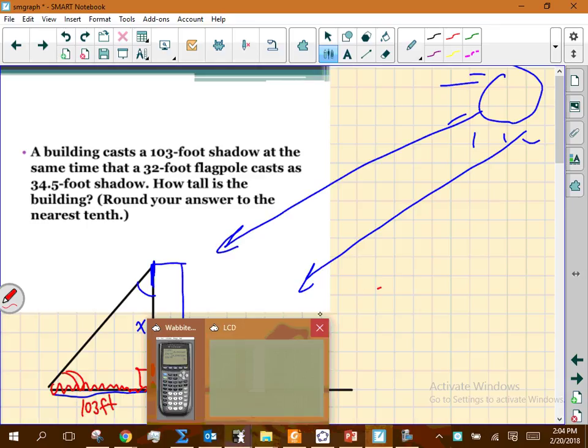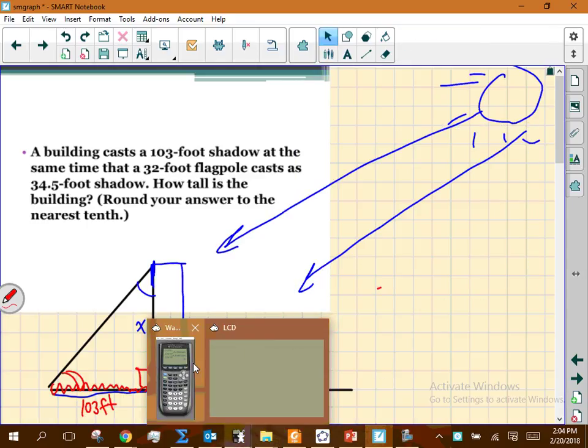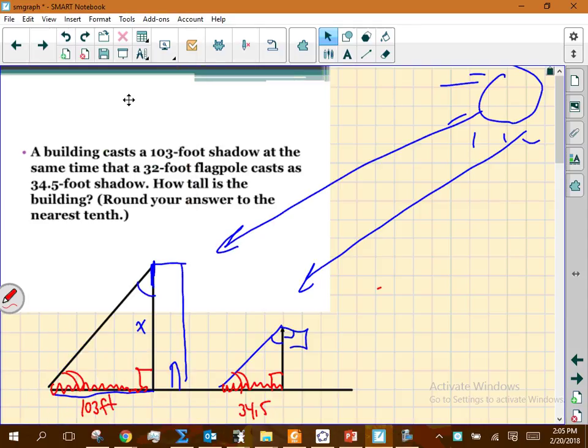We know that the flagpole had a height of 32 feet. Okay, now everything's in feet, so this is good. Should I be able to compare the building's height to the flagpole's height? That kind of makes sense? Hopefully you understand that logically that would be how we would name it.